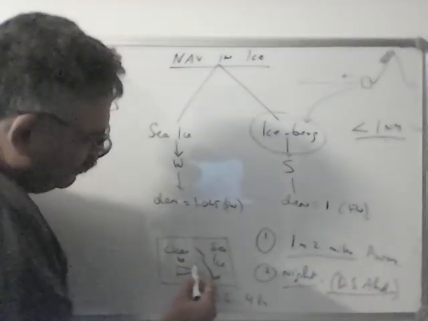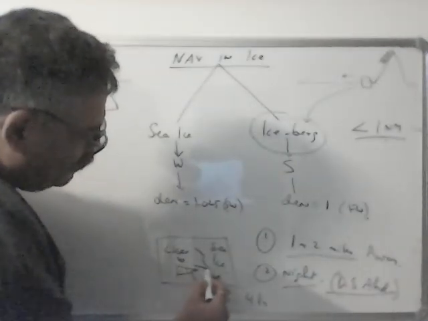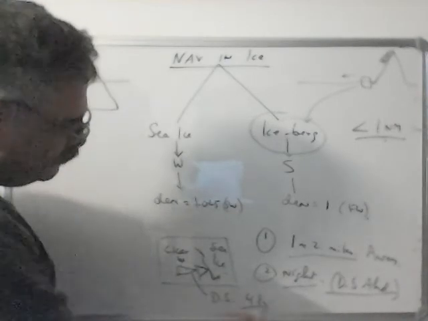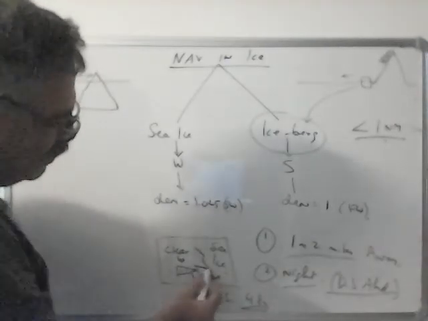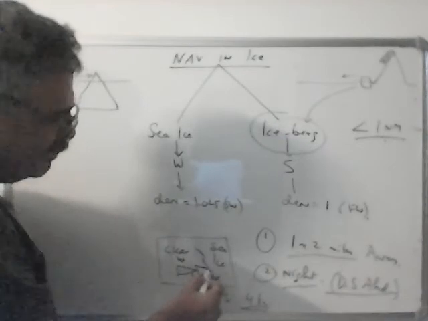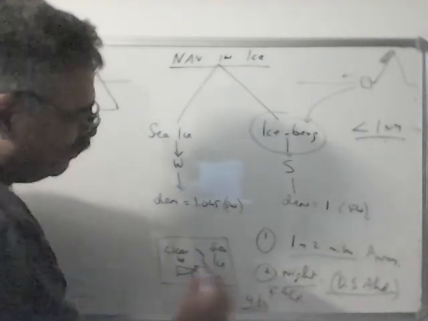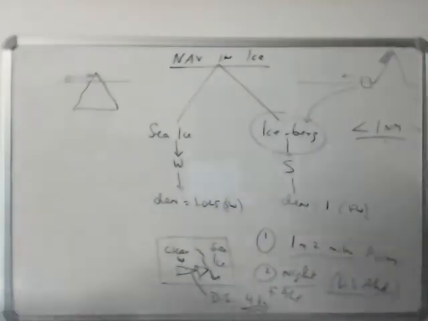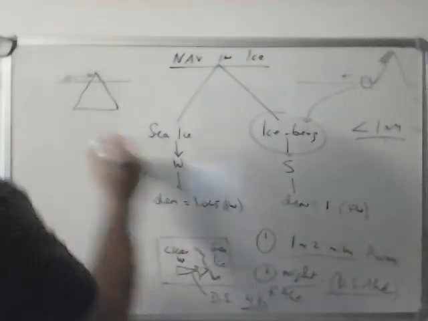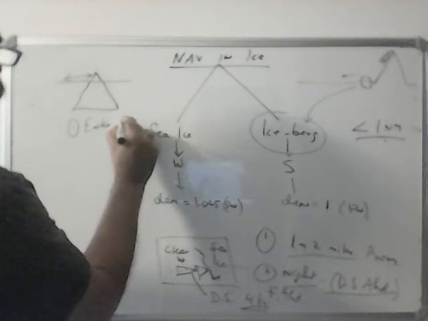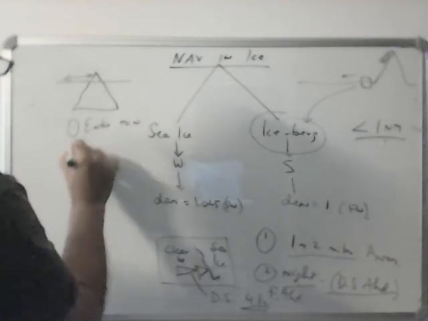When you are entering the ice area, you should be at minimum speed, 4 knots. And as soon as the bow enters the ice, then you have to give full ahead so that it does not get stuck and you can continue. So this is one of the precautions you have to take in sea ice. And entering should be minimum speed.